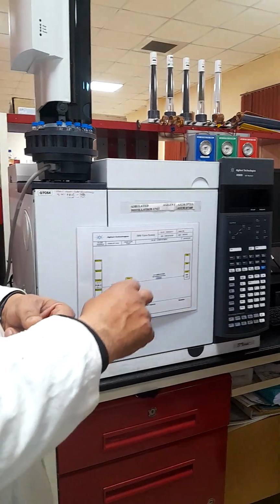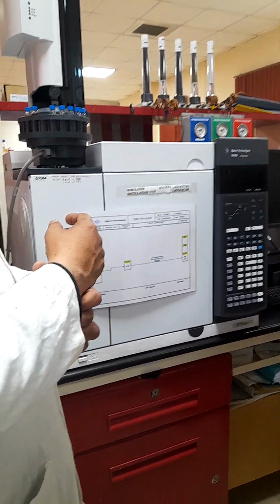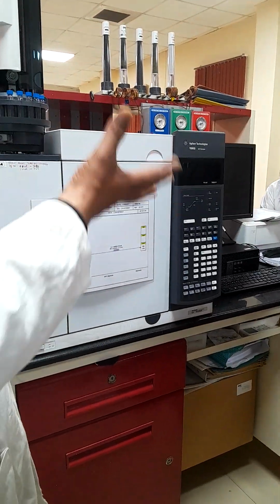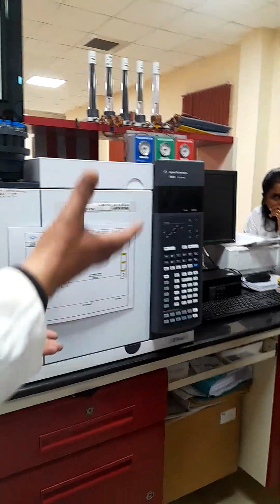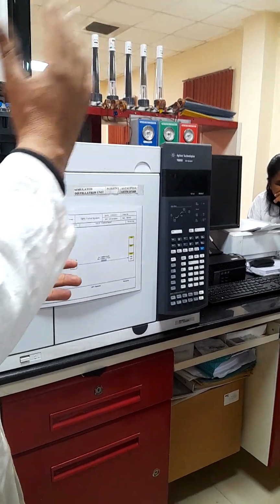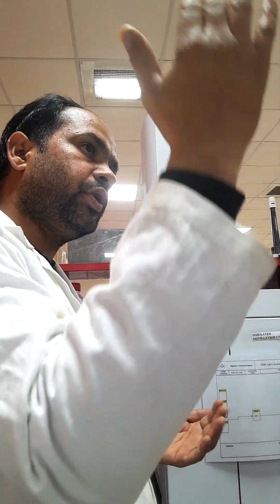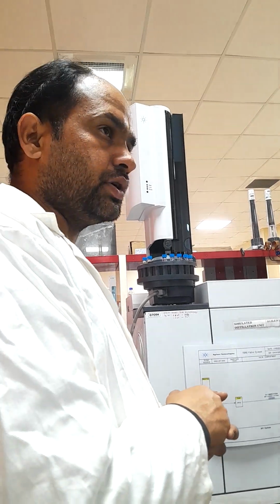Breakdown of higher molecular weight hydrocarbons to get lighter fractions or lighter molecule hydrocarbons is the cracking process. It happens thermally whenever you do distillation in atmospheric conditions. To avoid cracking in distillation, you will do a vacuum distillation to distill a higher boiling point material at a lower temperature under reduced pressure.